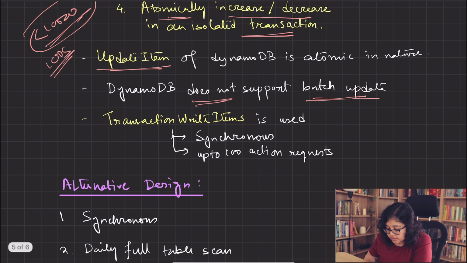So for that we are using a transaction, with TransactWriteItems, which is a synchronous operation, and inside that operation you can perform up to 100 action requests.